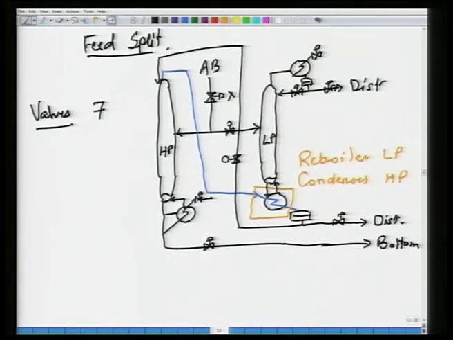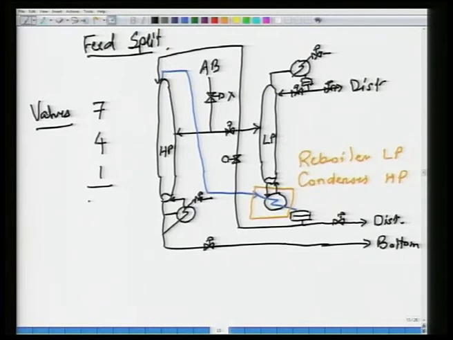So, 1, 2, 3, 4 levels to control. How many pressures do I have to control? Well, I have to control this pressure. So, one pressure, that leaves essentially degrees of freedom as 2.